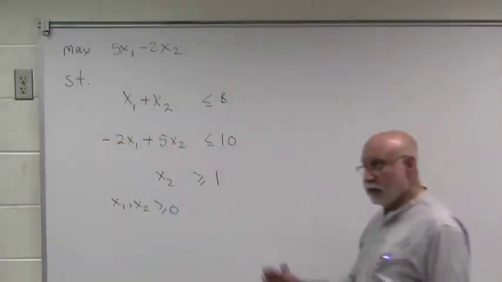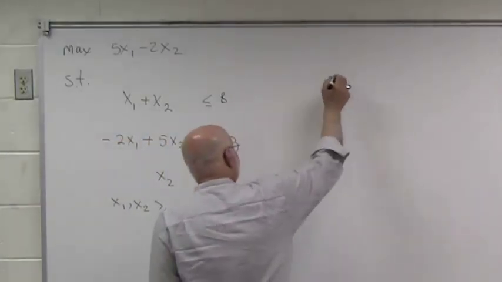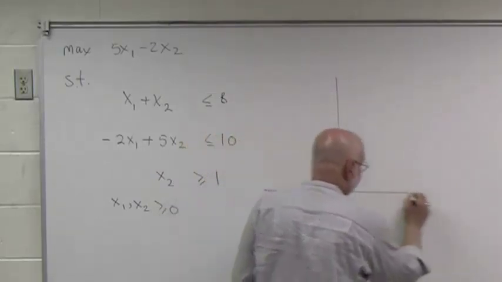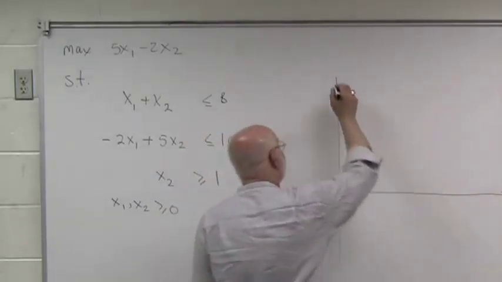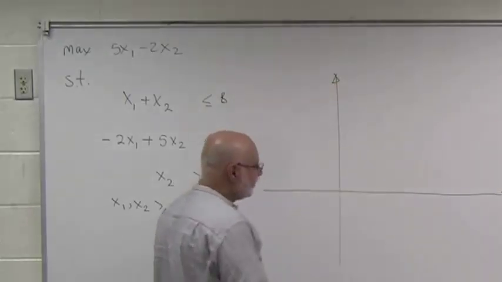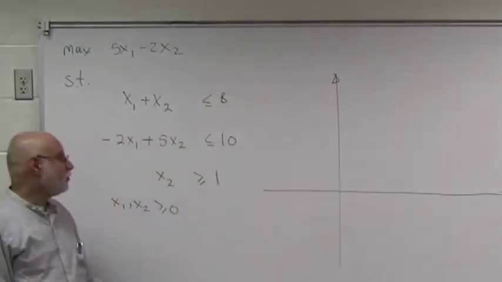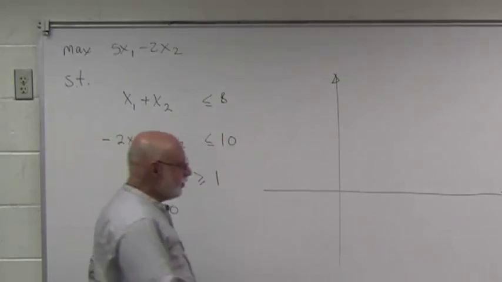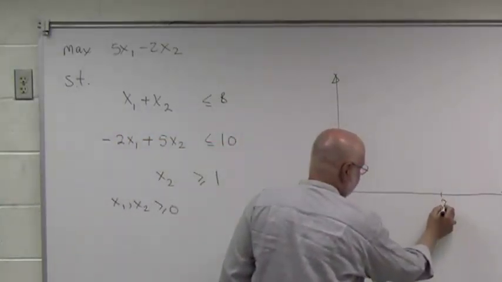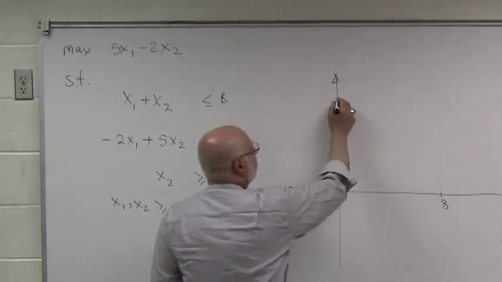Let's see what happens. If it didn't work out, what will we do? We change some of the numbers. Okay, x1 plus x2 less than or equal to 8.